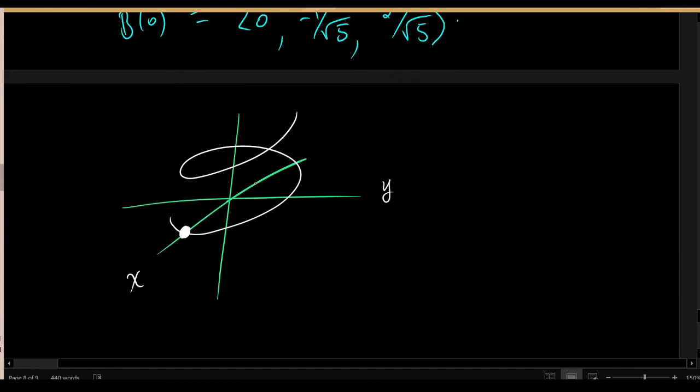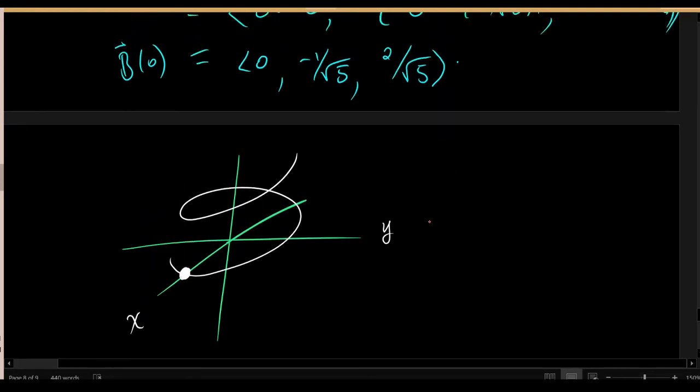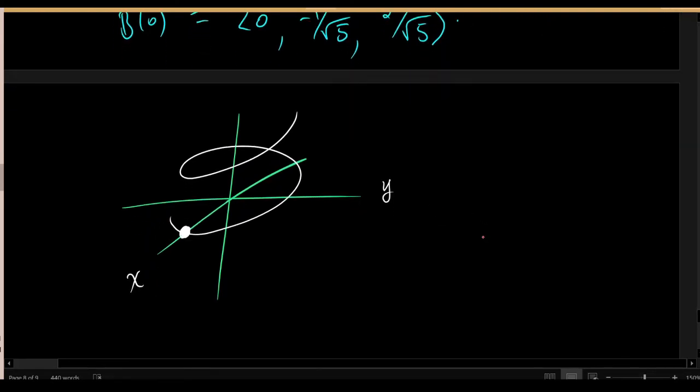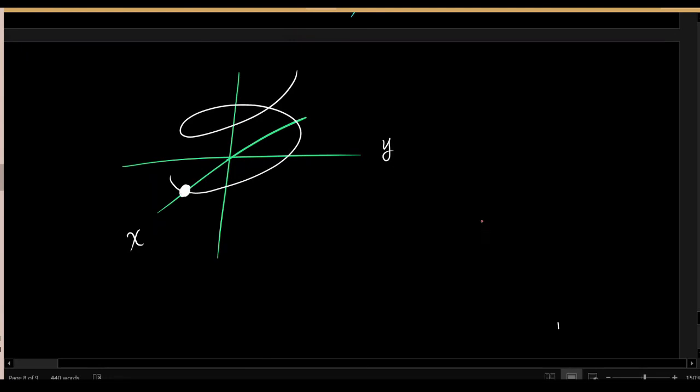Now here is a sketch of the path that is traversed by the object. It's a helix, once again a helix, because the cos and sine in the x and y components are creating a circular motion, and the t in the z component is creating an increase in height over time.